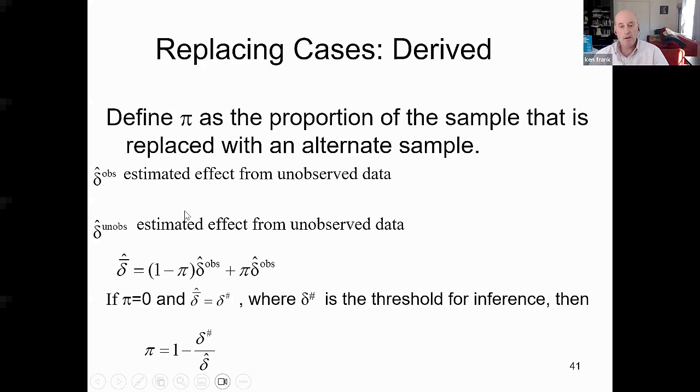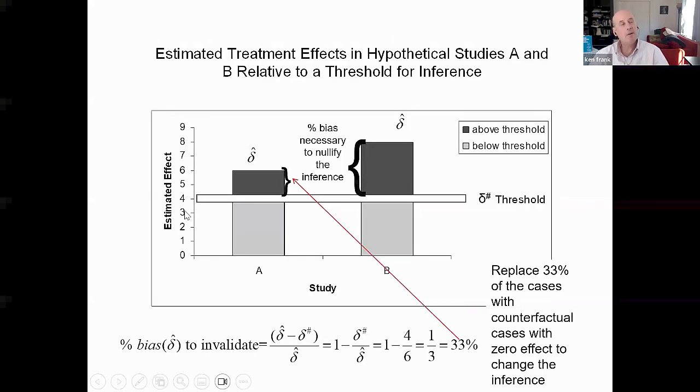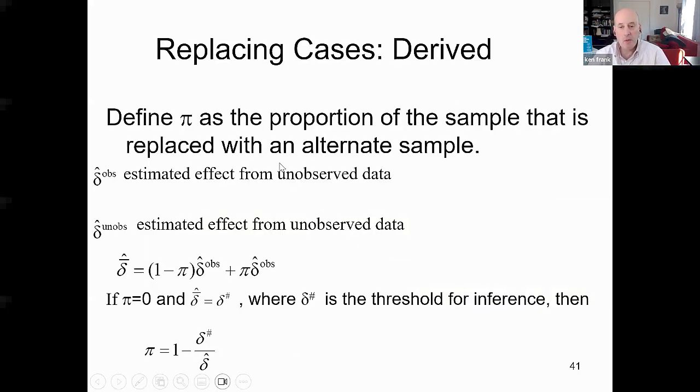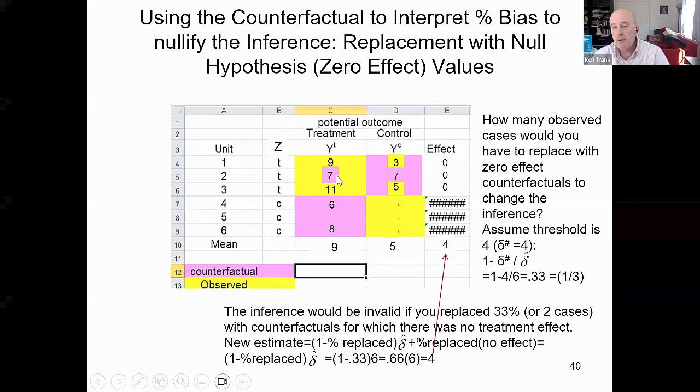I'll just pause and let that sink in for a moment. All right, a little bit of comment on that. One way to think about this is that we are going to have a final estimated effect that's based on some mixture of observed cases and counterfactual cases.